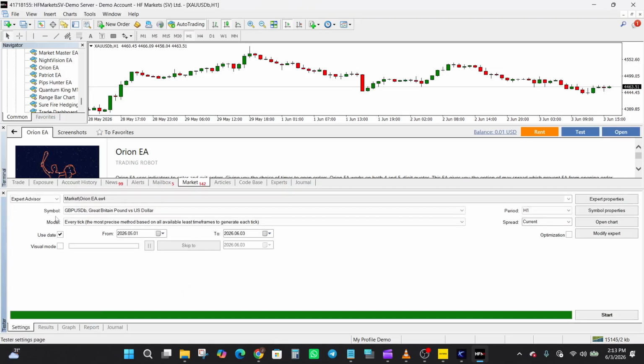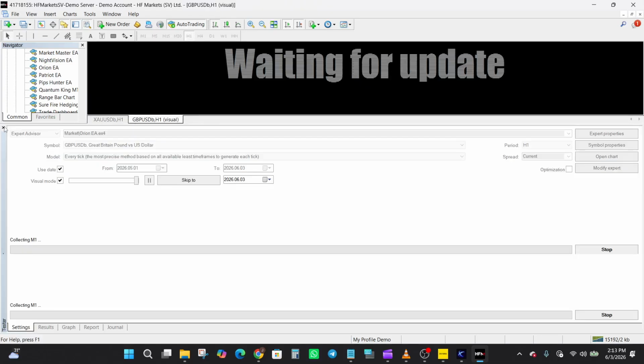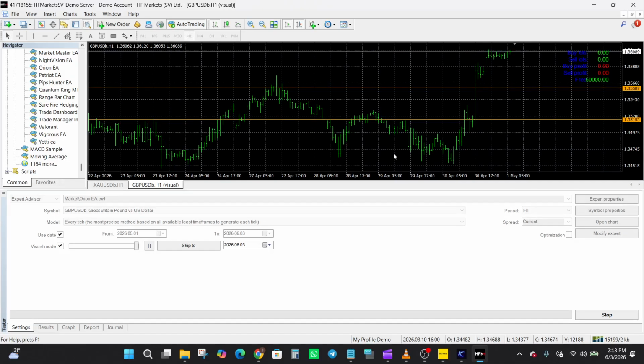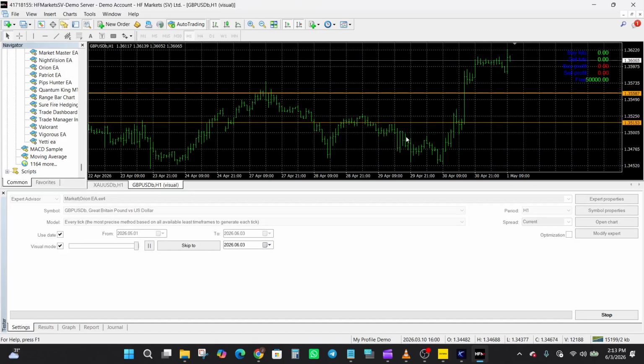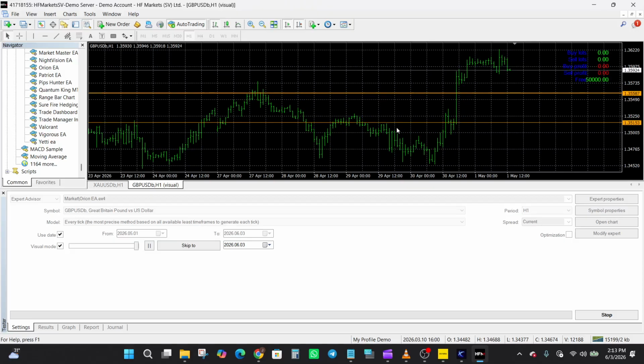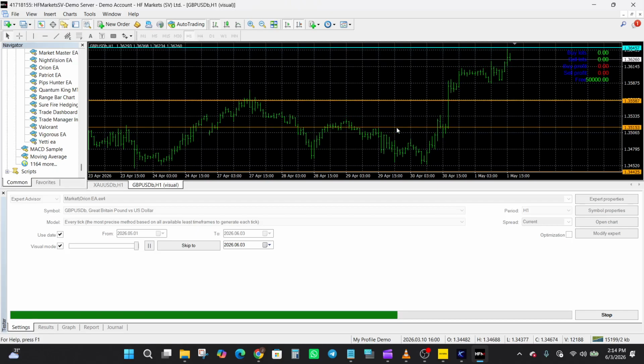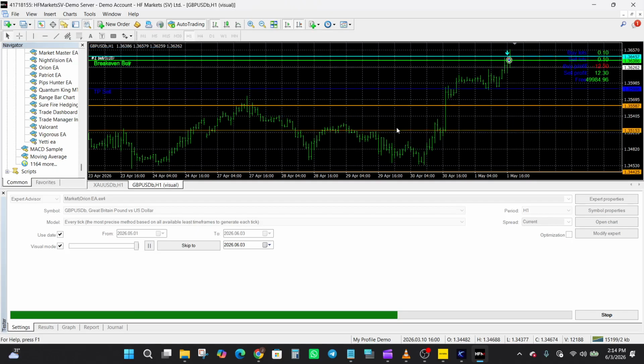Meanwhile, let's briefly see the EA in action. So I'm going to turn on the visual mode right now. Settings remain the same. Let's see the expert advisor in action. This is useful for understanding how the EA behaved under past market conditions.